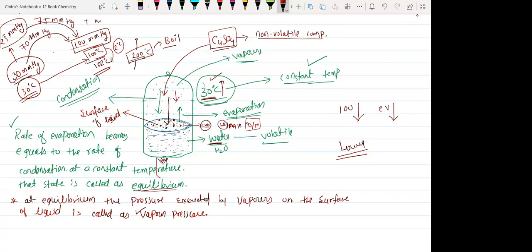Is it, everyone? So this is all about elevation in boiling point. This is the process of how the boiling point elevates. Understood, everyone? Keep replying, beta. Yes, sir.